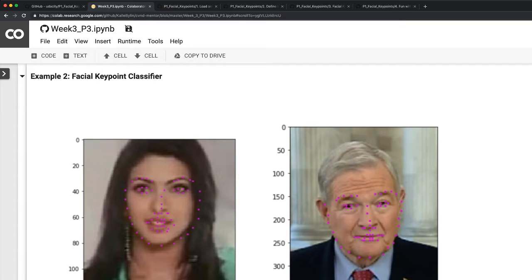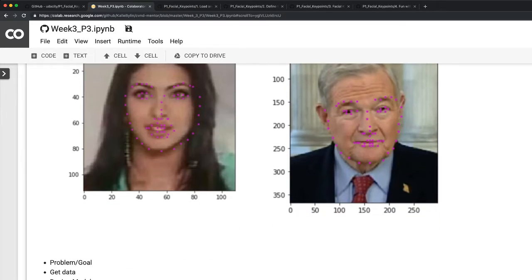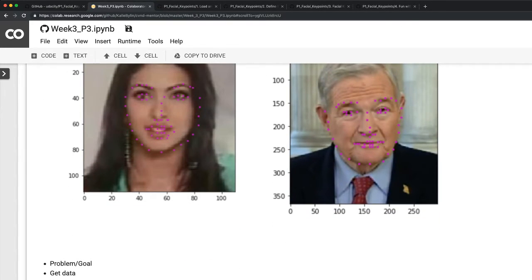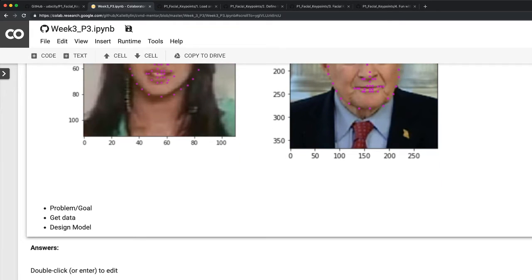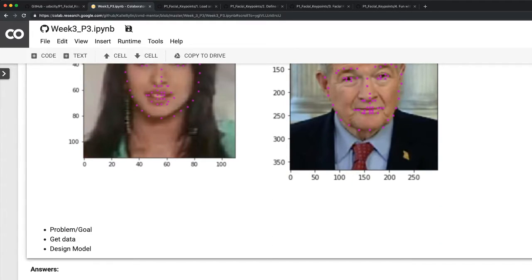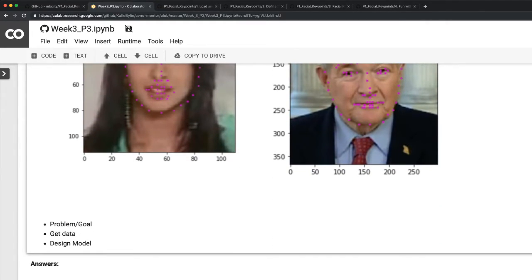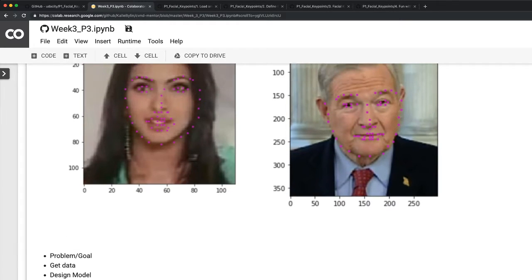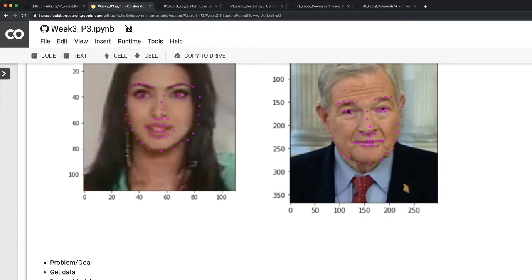So we're defining that we just want the XY coordinates of the 68 facial key points. That would be the problem or the goal. I'm going to leave this one empty, open for you to fill in if you want to afterwards. But basically here, in terms of the data, it's collected for us, which is 5,770 images.